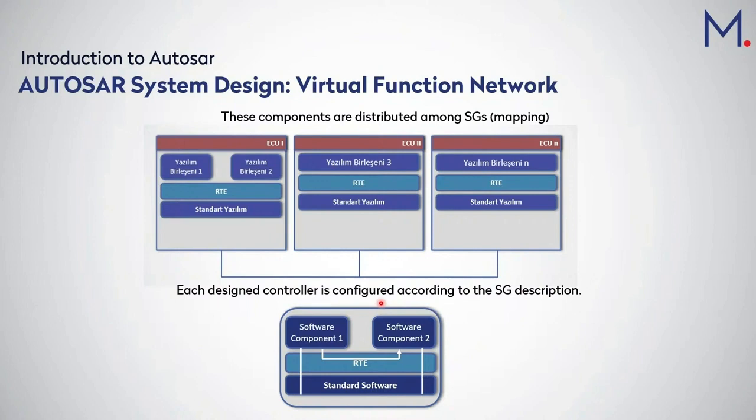So what we do is we create some software modules in blocks, and we connect them to each other, and we define ports in RTE, and we connect ports via RTE again. So that we can move one software component from a project to another project, from a system to another system, from an ECU to another ECU.